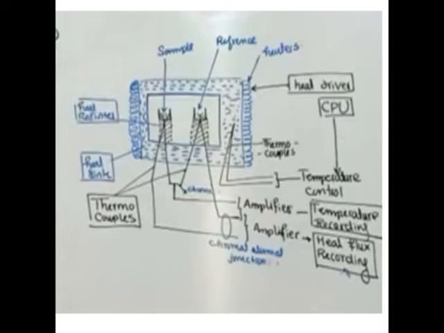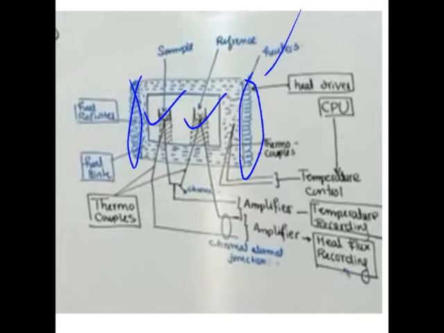Generally, the DSC instrument consists of a sample and a reference. We keep the sample and reference in containers. Then there is a part called heaters; to provide the heat we require a heater. Then there are thermocouples 1 and 2.